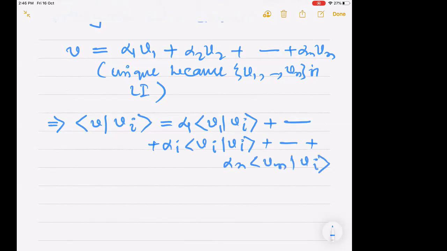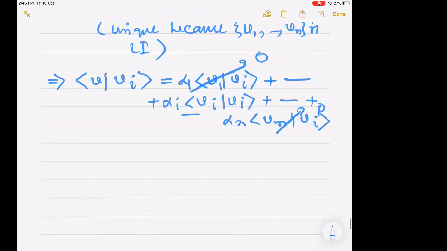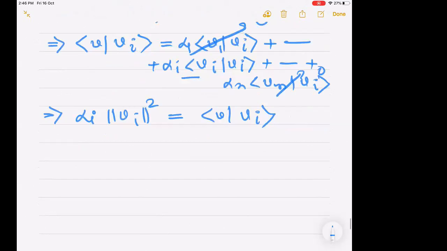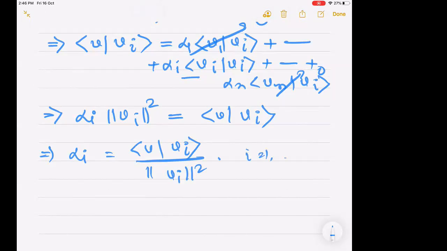Just like before, each of these goes to 0 except the ith one. So this tells me alpha i times Vi norm squared must be equal to the inner product of V with Vi. So I get alpha i equal to the inner product of V and Vi divided by Vi norm squared. This is true for all i, not any particular i.